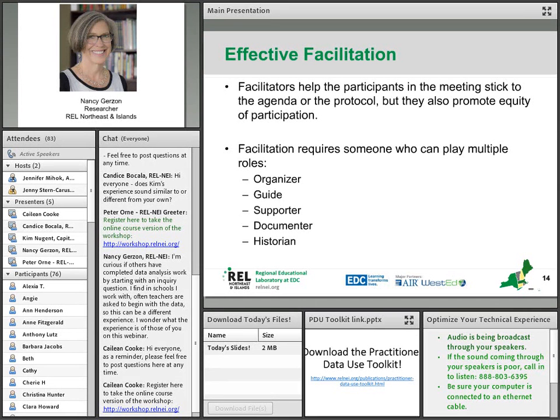The primary role that facilitators play in data analysis, as set up in this inquiry guide, and we would say in other settings as well, is to promote equity and participation so that all voices can be heard in the data analysis process. And that's typically done through the use of protocols. It can be done in a variety of other ways in the agenda as well, but in this workshop, we've really set that up from the framing of the use of protocols.